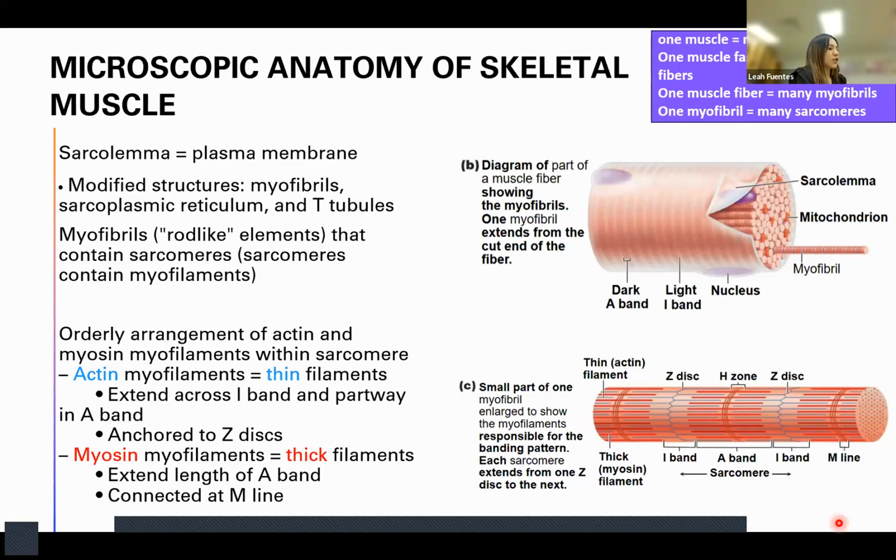We have the sarcoplasmic reticulum that acts, again, like the endoplasmic reticulum. These surround each myofibril, which are these straw-like structures here or here. And then those myofibrils are the contractile proteins consisting of the light and dark bands.